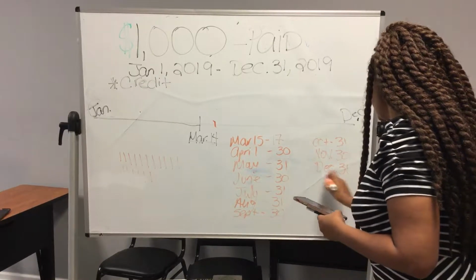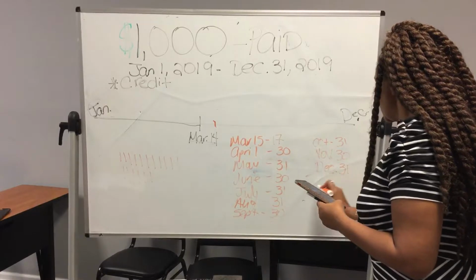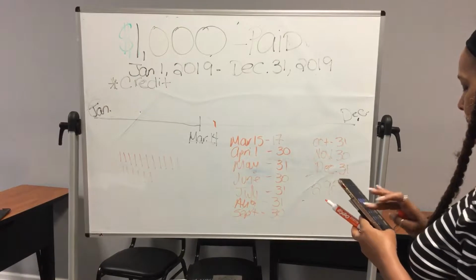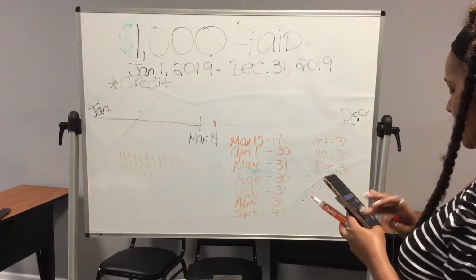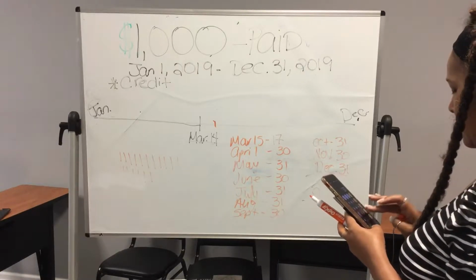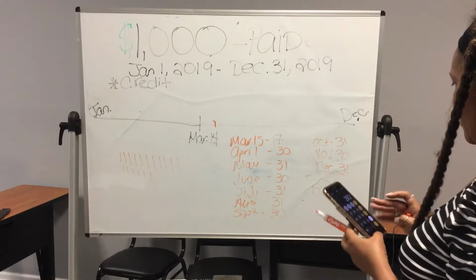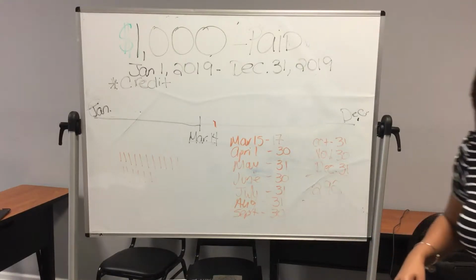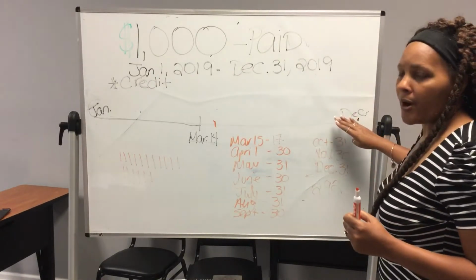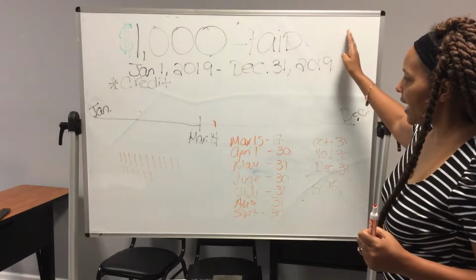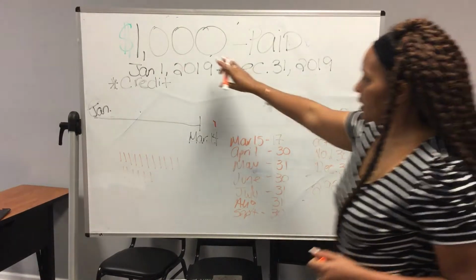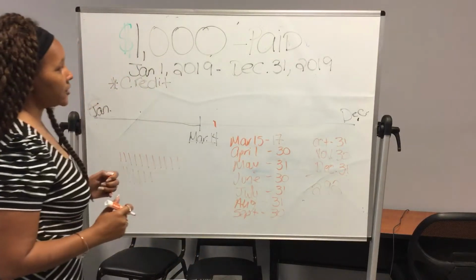So we owe the seller 292 days. Okay? I'm going to double check my calculation. Okay, 292. For 292 days, the seller did not own the property. Therefore, they are entitled to this amount of taxes back. We said that the tax bill was $1,000.